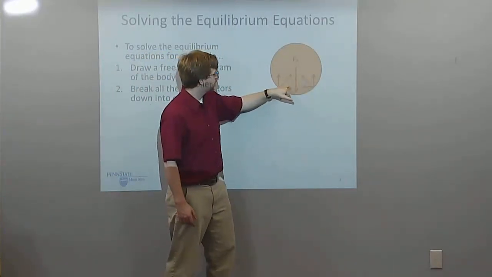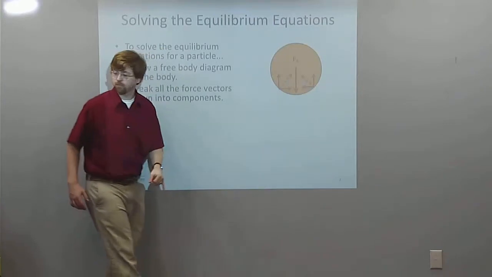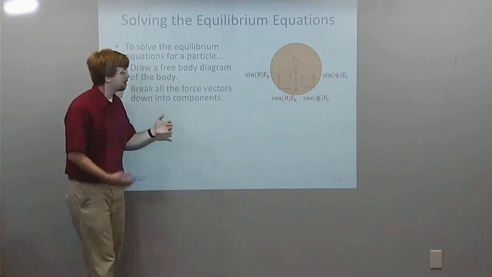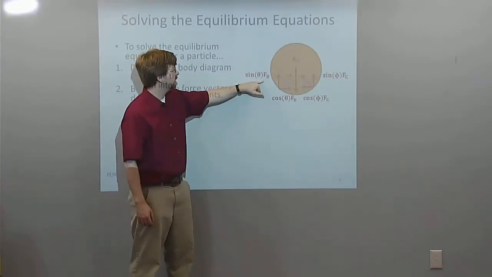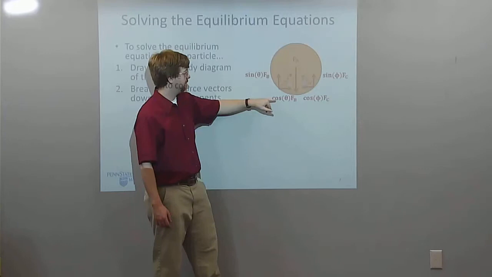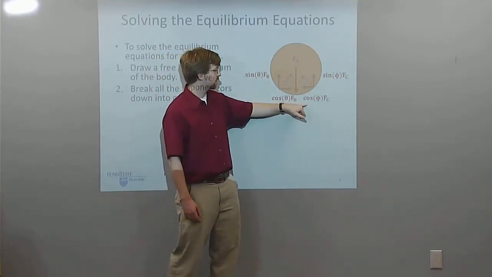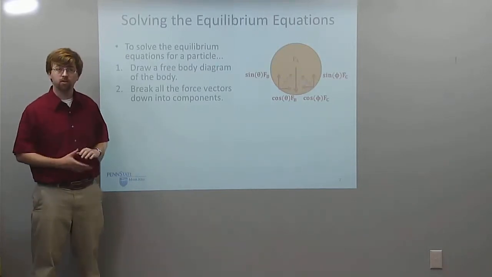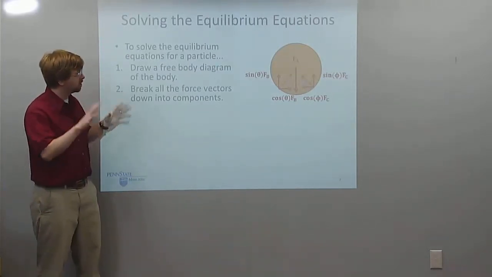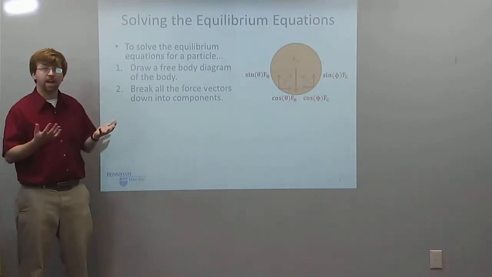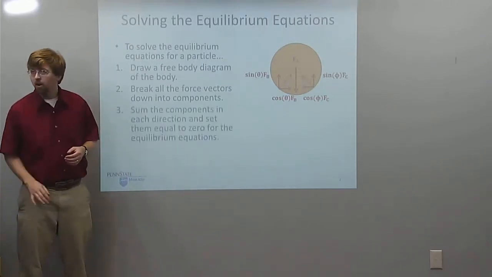We've got some angle theta and phi right here. What we're going to be left with is the vertical component is going to be sine theta times FB, or sine phi times FC. And the horizontal components are going to be cosine theta times FB, or cosine phi times FC. So this is the horizontal and vertical components. Now we've got it all separated out into those two separate categories. There's no diagonal vectors at this point.